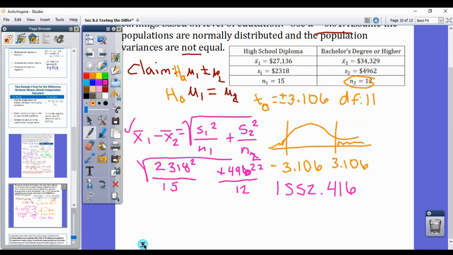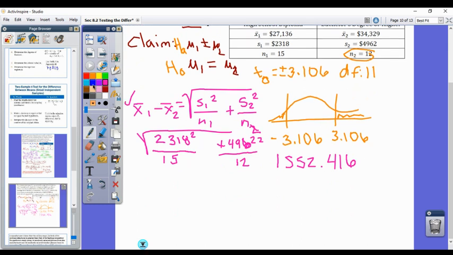All right, so now we're going to use our T formula. We're going to plug everything in and find that test statistic.